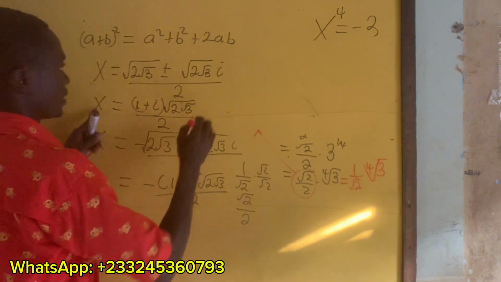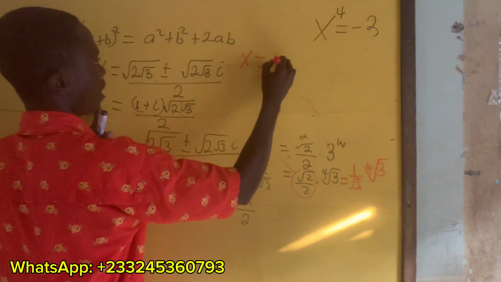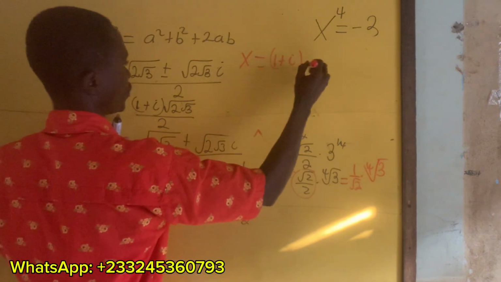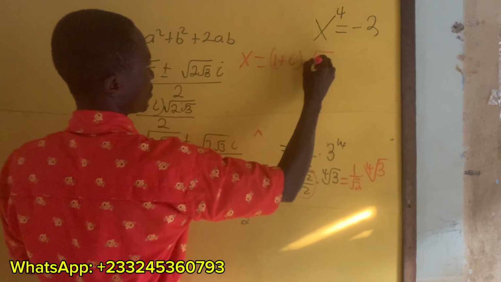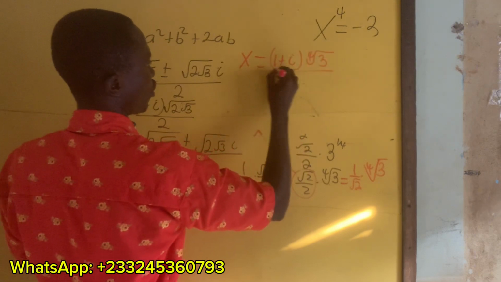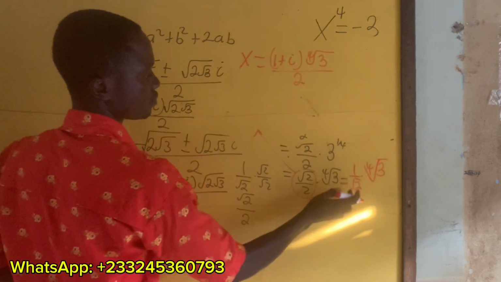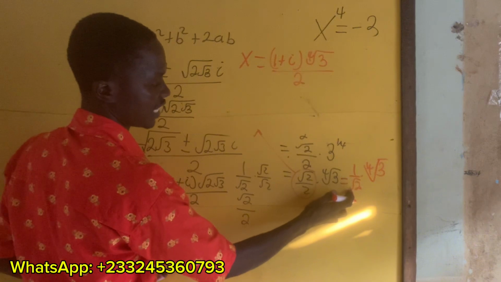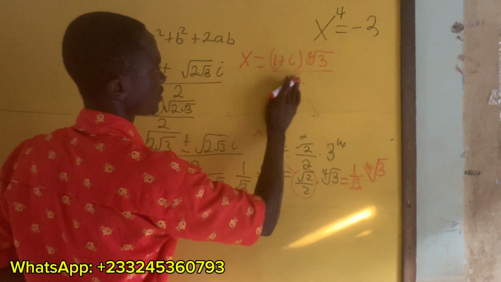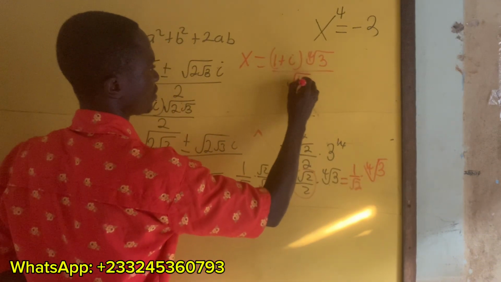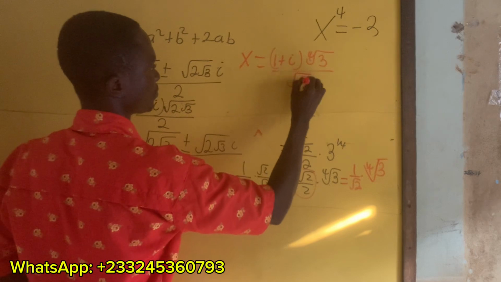That is where this x is going to give us 1 plus i into the 4th root of 3, all divided by 2. So 1 divided by square root of 2 times this will give us this. Wow.